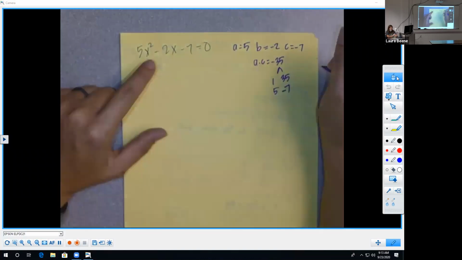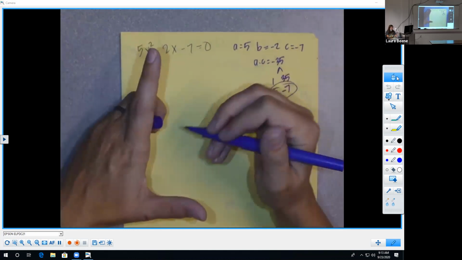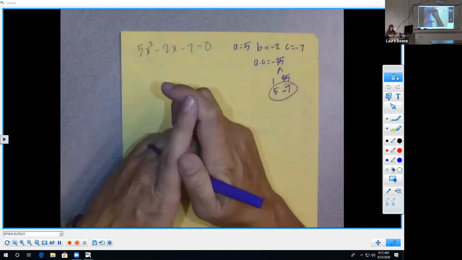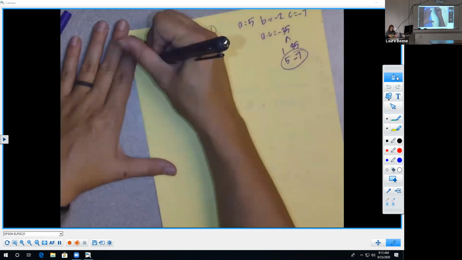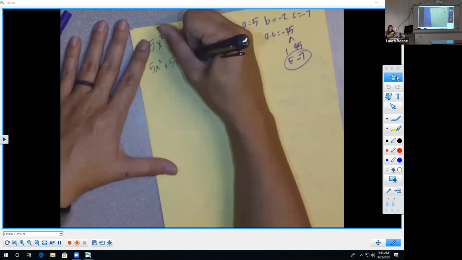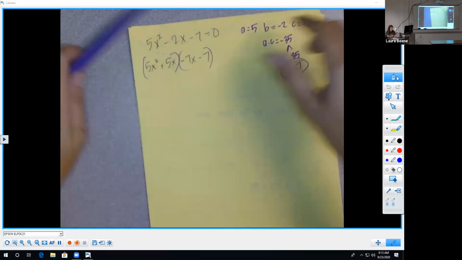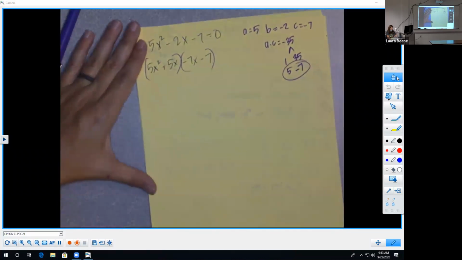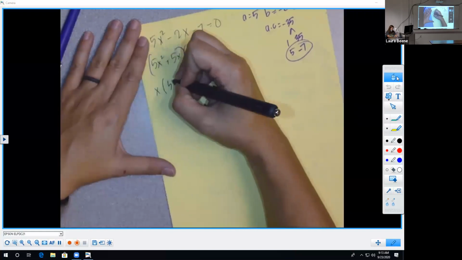So that's the numbers we're putting back in our problem over here. Positive 5x, -7x. So I get 5x squared plus 5x minus 7x minus 7. Factor that by grouping. What can you take out of the first two? X. Left over is, how about a 5x?